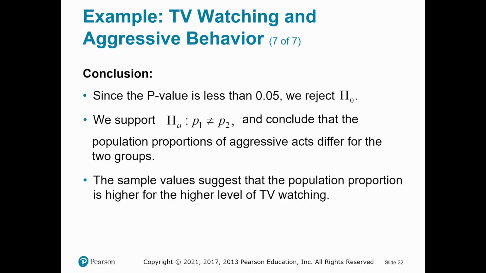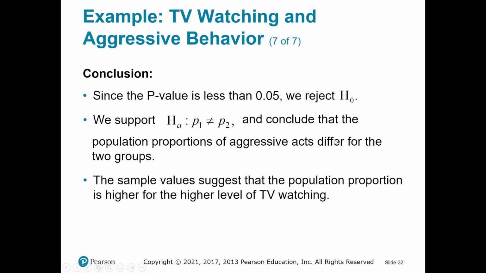Okay, so conclusion. Since the p-value is less than 5%, the de facto significance level, because R.A. Fisher said it seemed like a good number and it stuck, we reject the null hypothesis. And that provides evidence that the true population proportions are different, right?